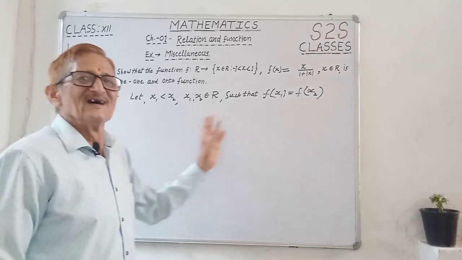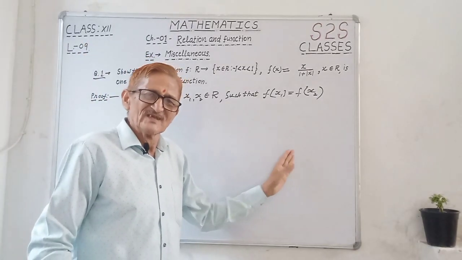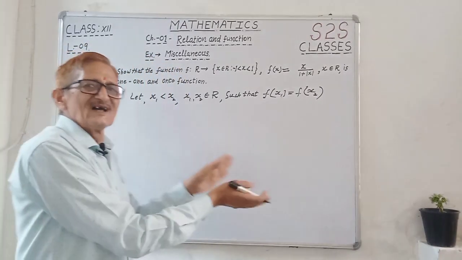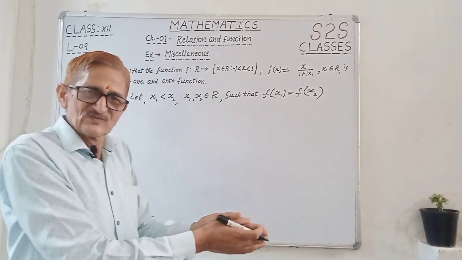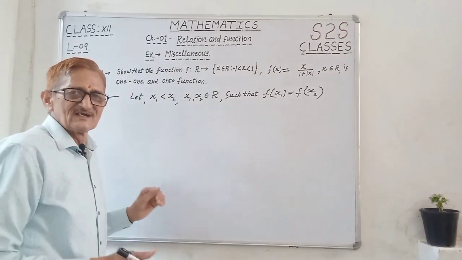Taken different and output same, but these are not different, these are equal. x1 equal to x2 comes out, hence we can say it is 1-1. This is the method, you know.